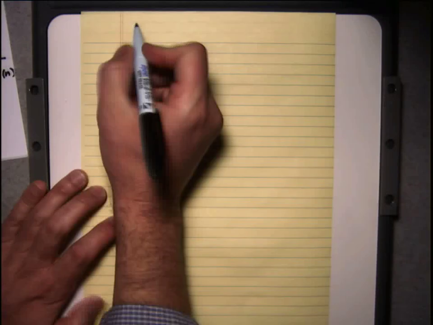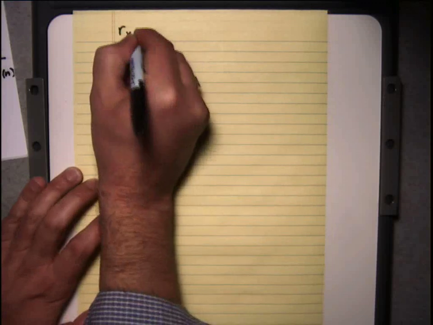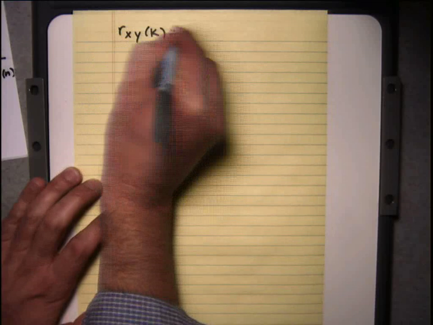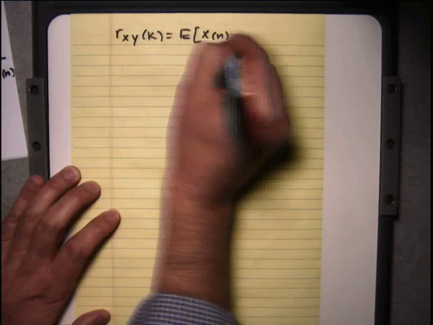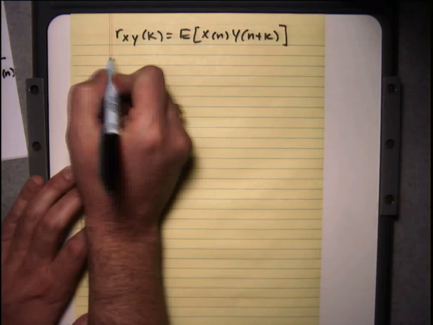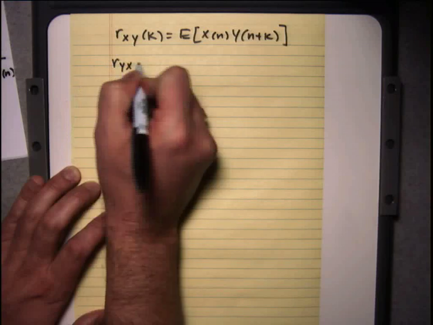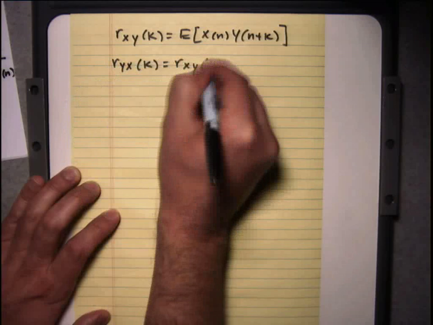Similar kinds of relationships we can write down with respect to the cross correlation. So let's write down Rxy of k. Remember, this is expected value of x of n times y of n plus k. And Ryx is just Rxy of minus k.